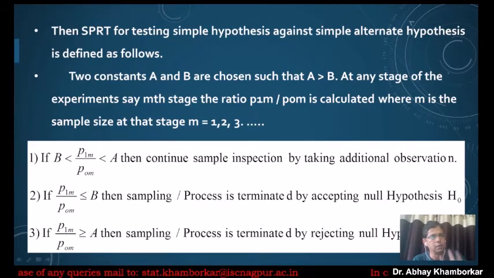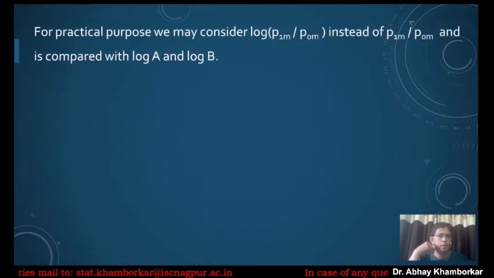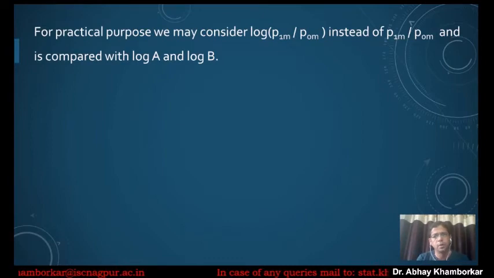So in this fashion, we conduct that sampling or sequential testing. Now, of course, for practical purposes, we may consider the log of p1m upon p0m instead of our ratio, that is p1m upon p0m.